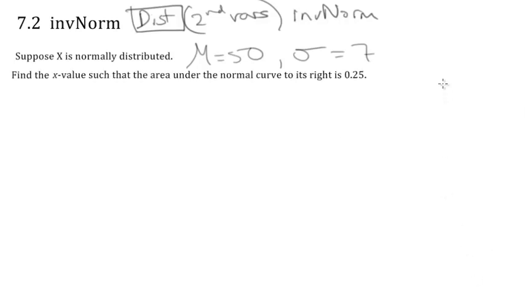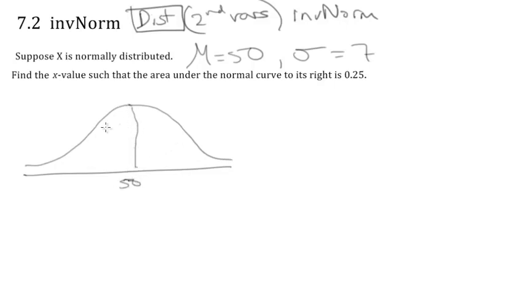Okay, here's what we want now. I want the x value such that the area under the curve to the right is 0.025. What does this look like? And here is the mean. And by the way, I know the mean is dead in the middle of my normal distribution. So I know I've got 50% over here and 50% over here.